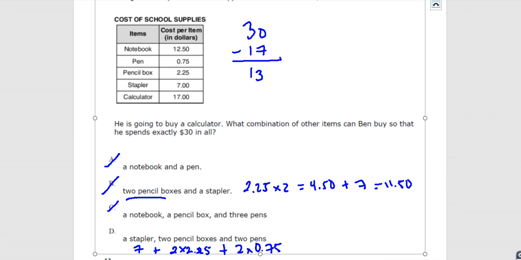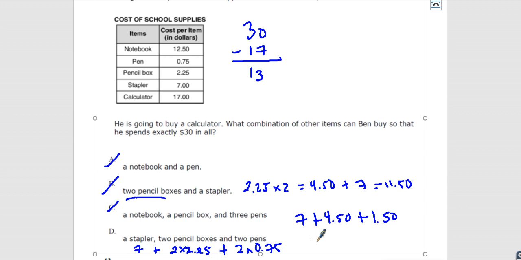So that would leave me with 7 plus 2 times 225 is going to be 450 plus 2 times 75 cents would be $1.50.